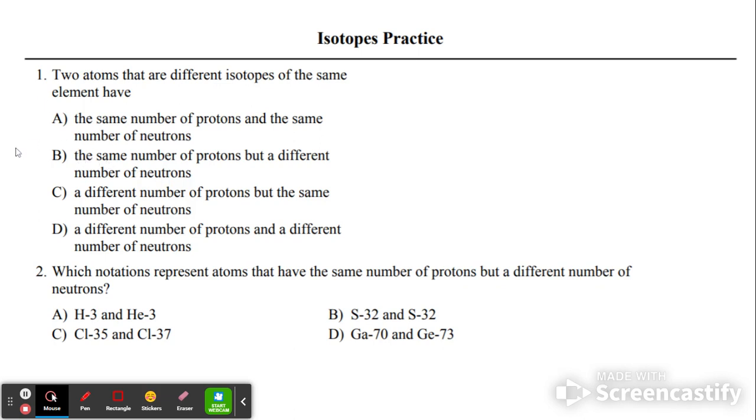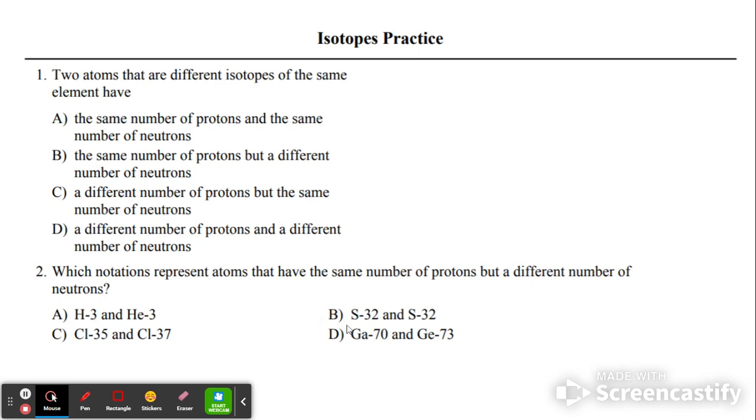Question 2. Which notation represents atoms that have the same number of protons but a different number of neutrons? So if the number of protons are the same, the element must be the same. So this rules out choice A and D. Now, if it's a distinct isotope of one another, then the number of neutrons are different.